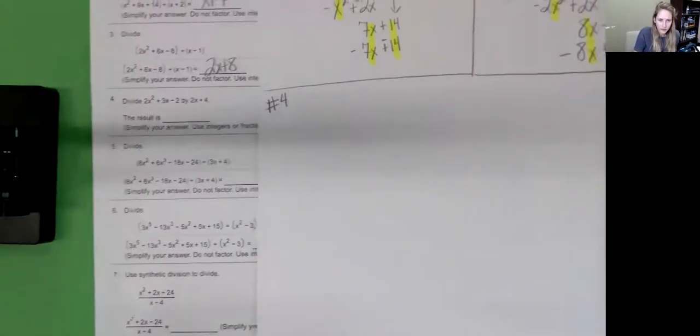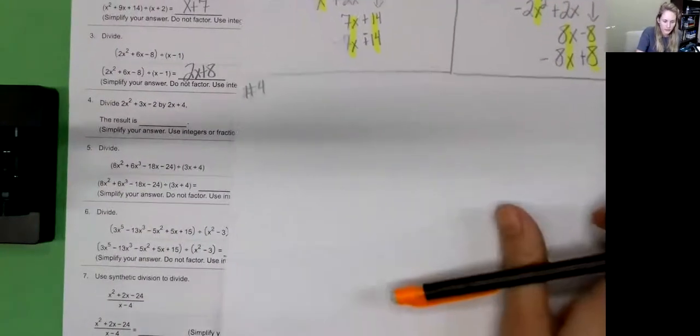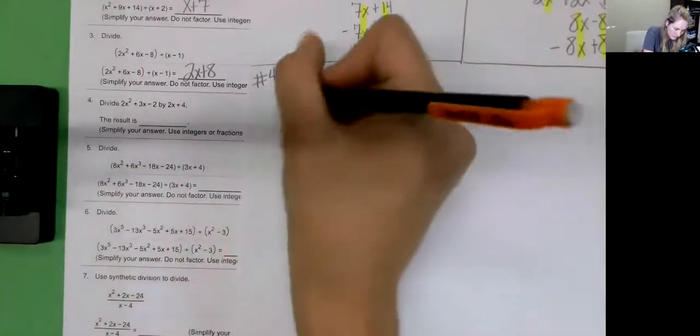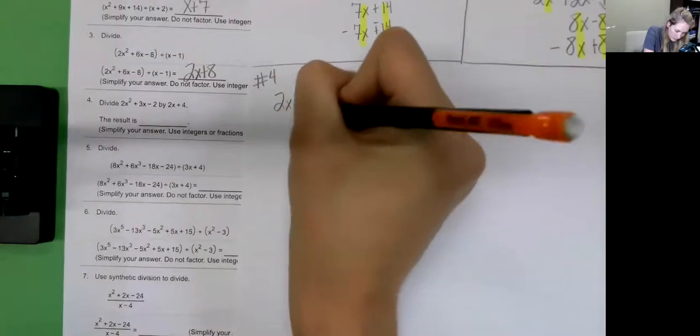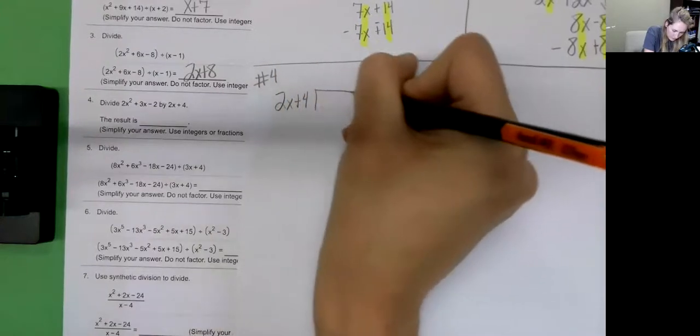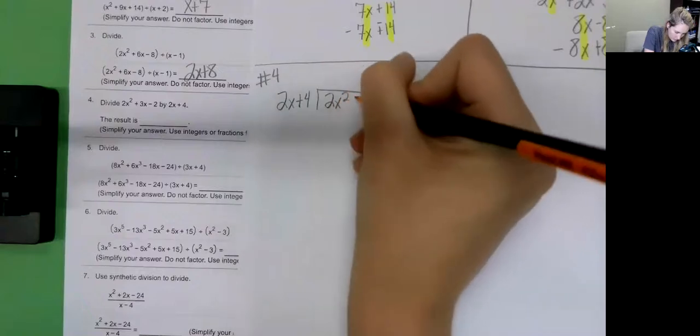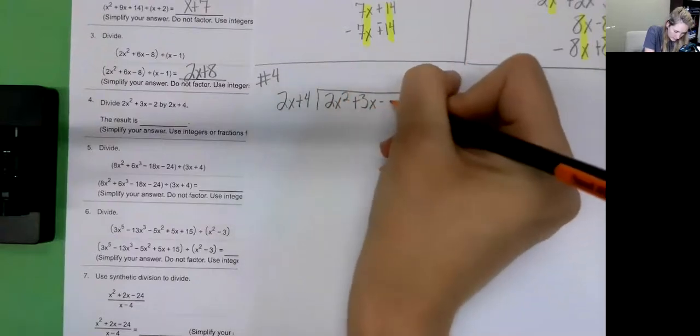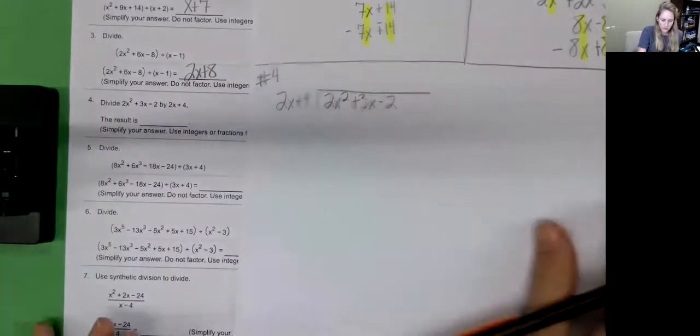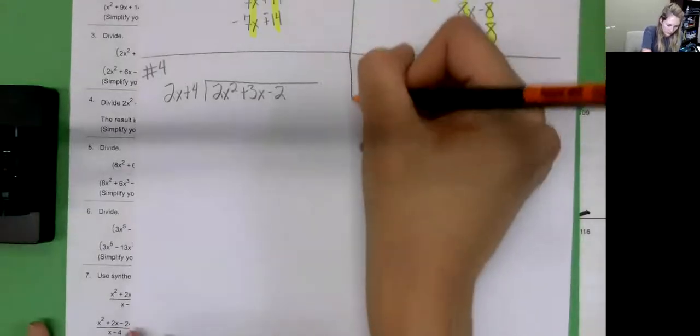Number 4, I'm going to write it over here. So we're dividing that by that. So 2x plus 4, and then 2x squared plus 3x subtract 2. I'm going to go ahead and draw my line here.